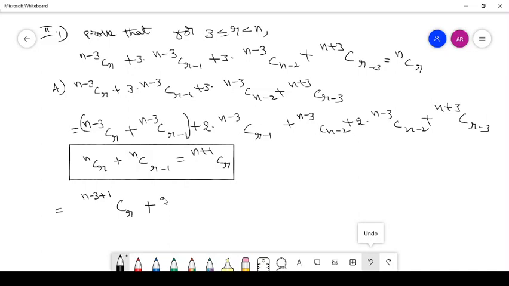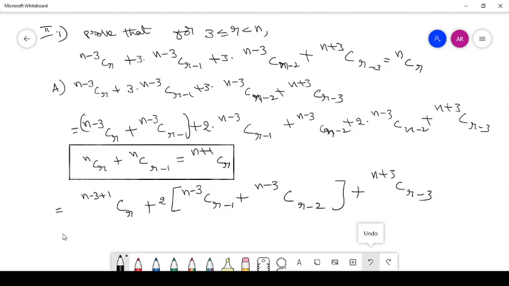So taking 2 outside, into n minus 3 C r minus 1 plus n minus 3 C r minus 2. This is r minus 2, not n. Sorry, r minus 2, plus last value n minus 3 C r minus 3.